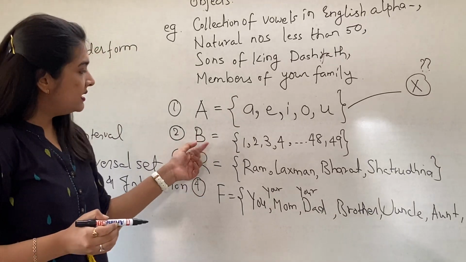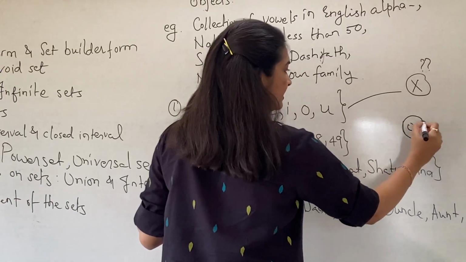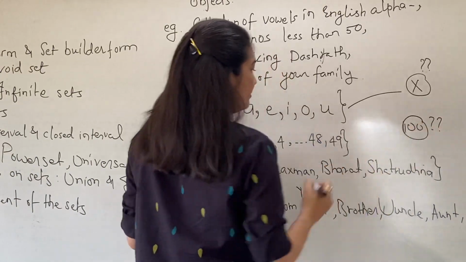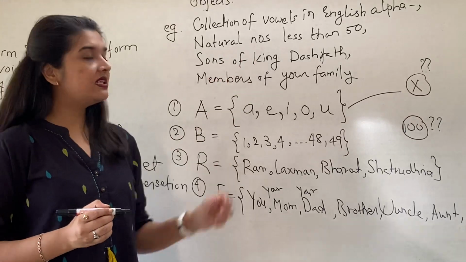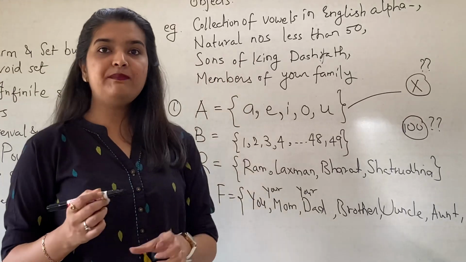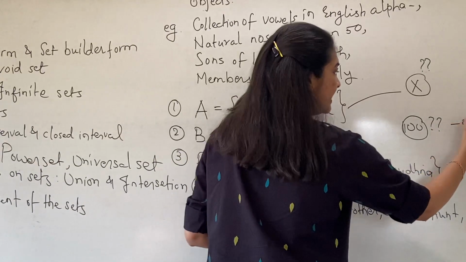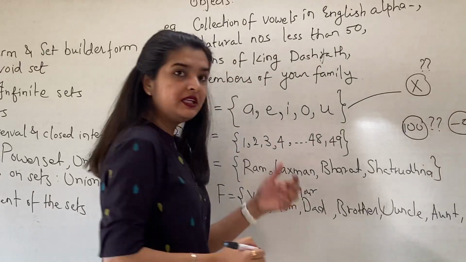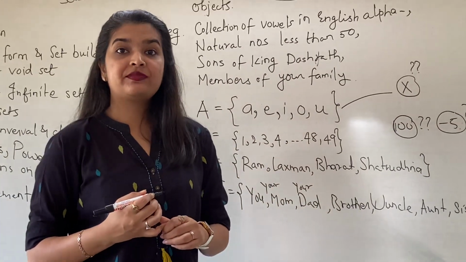For second example, if I ask, is 100 part of this set B? No. Because it is given that the natural numbers less than 50. If I ask minus 5 part of this set? No, because it is given that natural numbers less than 50.